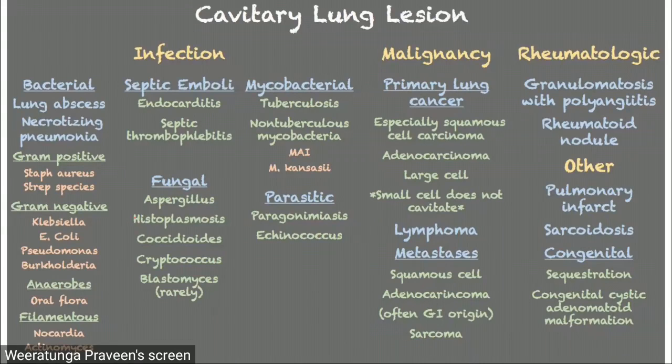Number one, Klebsiella, right? So that is a well-known cause of cavitating pneumonia. Burkholderia, or melioidosis-causing organisms, are well known to cause cavitating pneumonias and also lung abscesses, right? Another which can cause cavitating pneumonia is Staph aureus. So please remember that as well. So remember Staph aureus, Klebsiella, melioidosis, right?